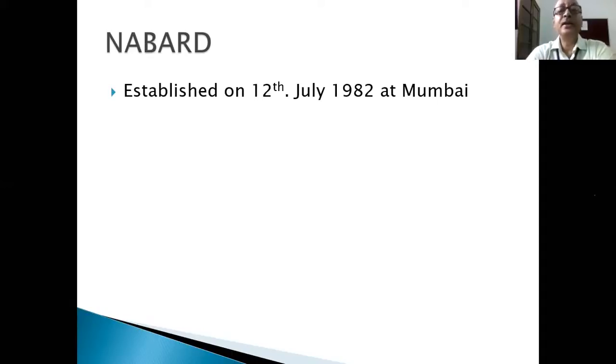And finally, in 1982, on 12th July, NABARD was set up, and as I told, ACD and ARDC were put together, and this new organization came. And one RPCC, the Rural Credit Planning Cell in RBI, was retained, to have an organic link with NABARD, and it was renamed RPCD, Rural Planning and Credit Department in RBI.